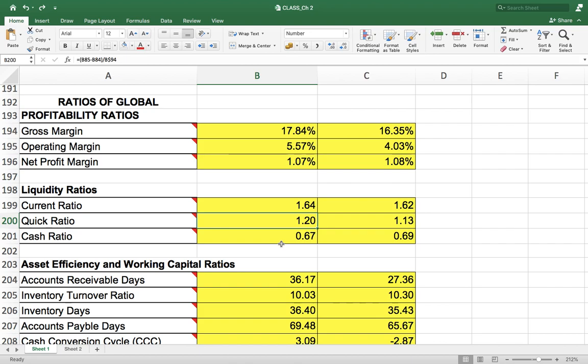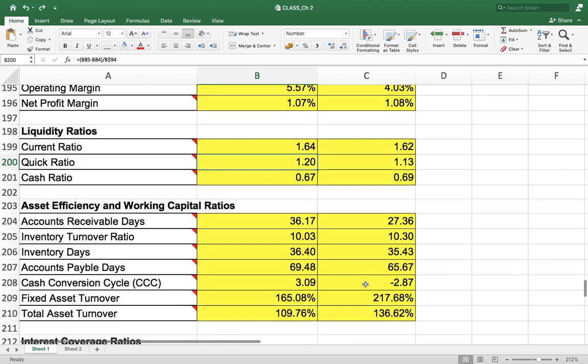And in the cash ratio, we have reduced some of the cash holding. That's why the cash ratio became 0.67 from 0.69. Normally a cash ratio of around 0.5 is sufficient for an organization. So here 0.69 was there, and it tried to reduce a little, to 0.67. This way you can give comments.